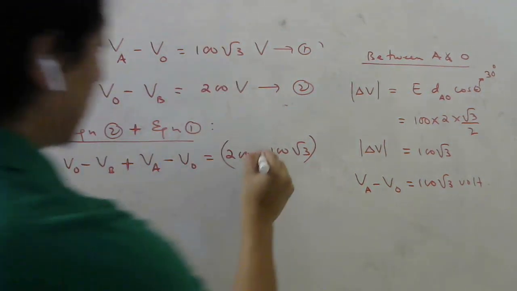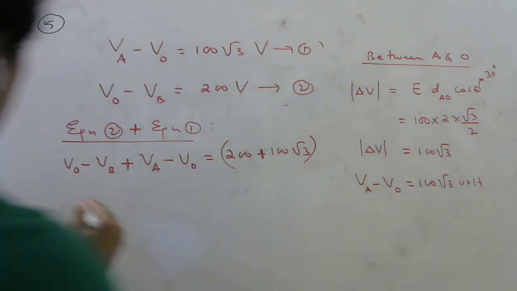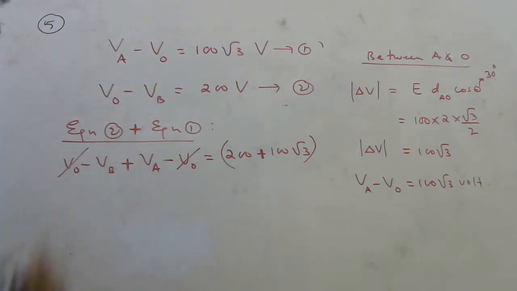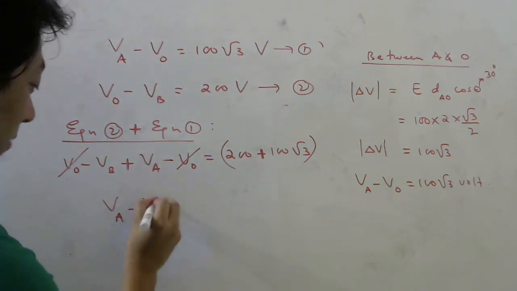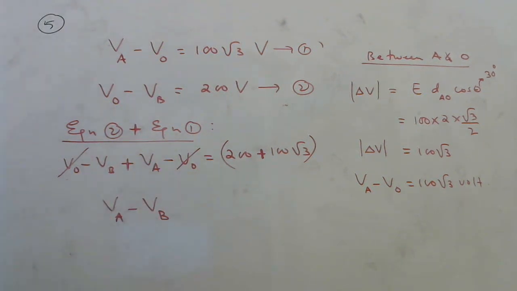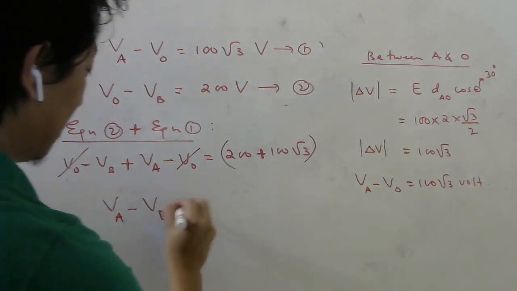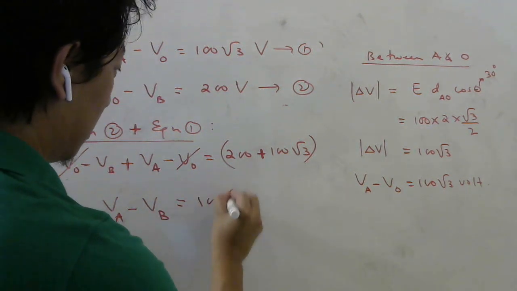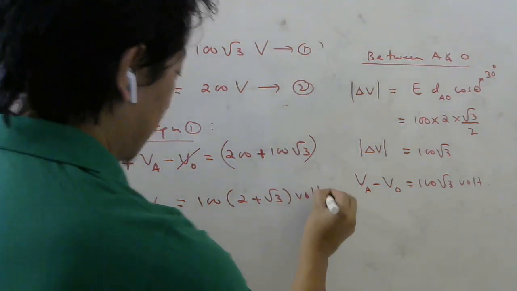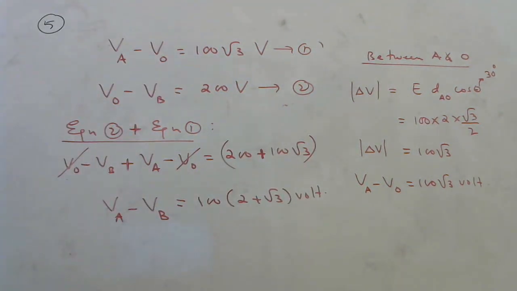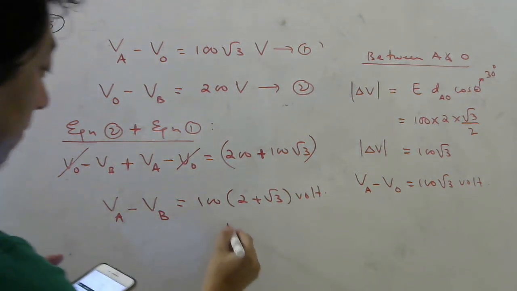Then VO minus VO will cancel. And what is this, students? VA minus VB. This is what they were asking, the potential difference between A and B. If I take 100 common, it will be 100 times 2 plus root 3 volt. So what is the right option? The potential difference between A and B, 100 root 3 plus 200 volt, option B.